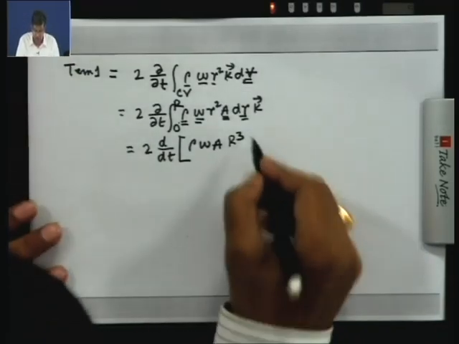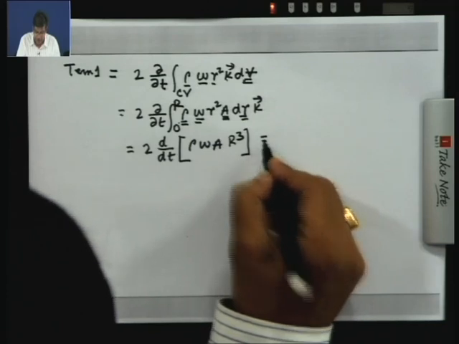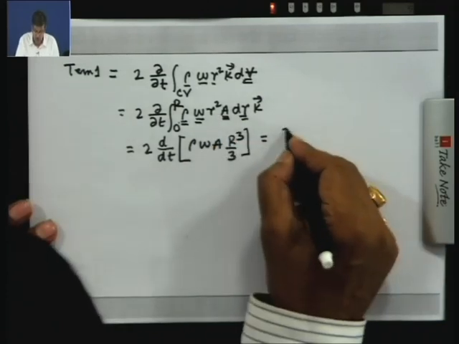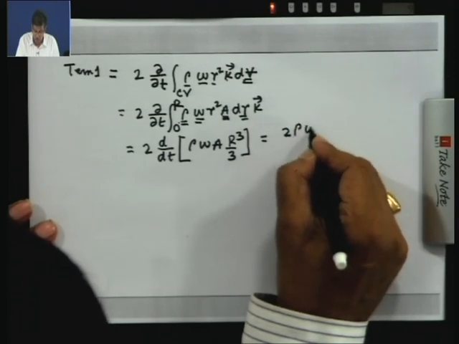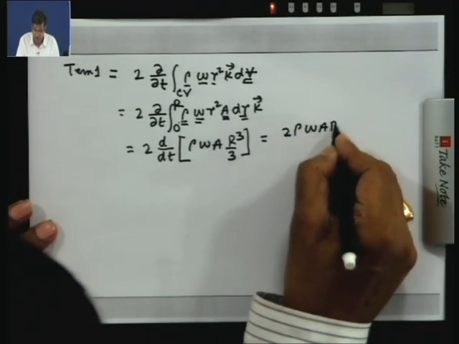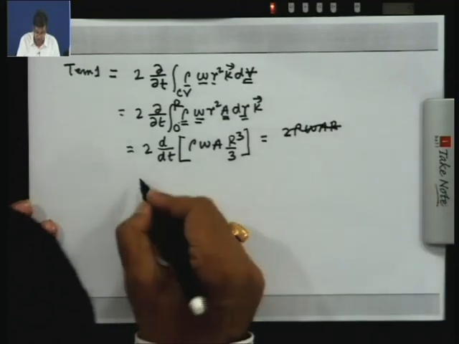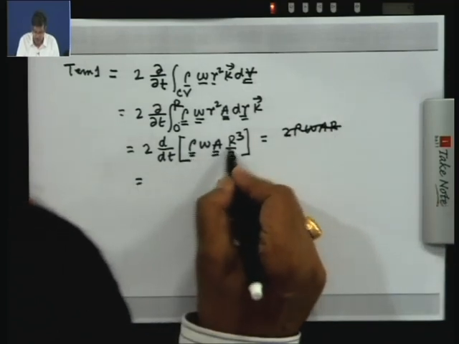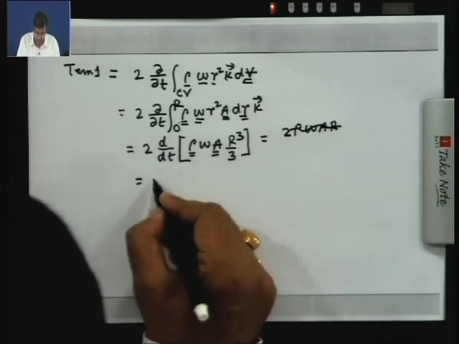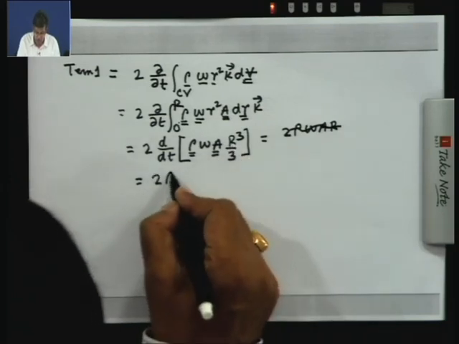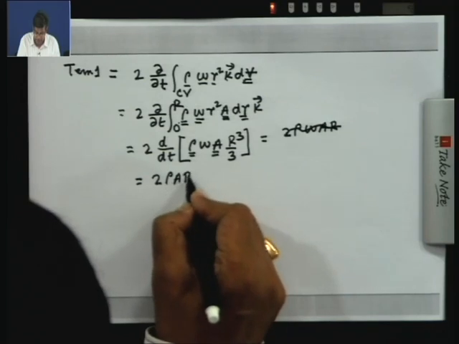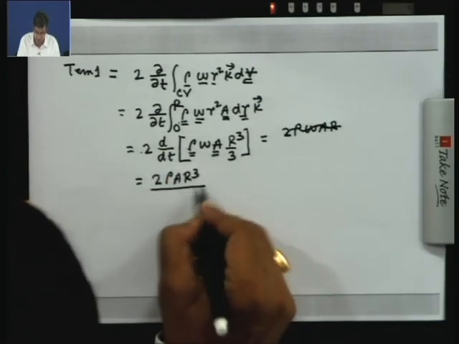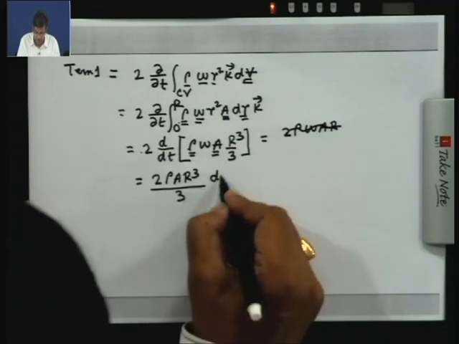So r³ by 3, and with the 2 for both arms, this becomes 2ρ ω A R³ by 3. Now ω is constant, A is constant, and R is the arm length, constant. So 2ρ A R³ by 3 times dω/dt.